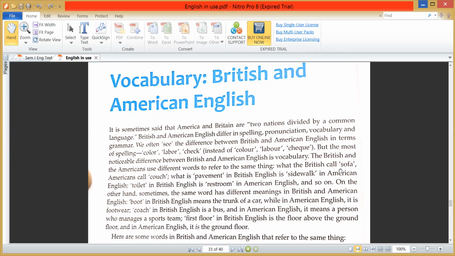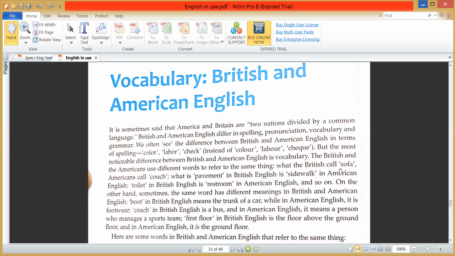So, did you ever think about why there is any difference between British and American English, or Britishers and Americans? Have you ever thought whether they were from two different countries or from the same country?